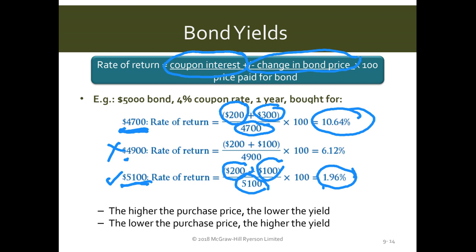What I'm trying to show you is only one thing. First, of course, you should know how to calculate bond yields or rate of return. But what I'm trying to show you is that there is an inverse or negative relationship between bond price and rate of return. You can see that if bond price increases from 4,700 to 5,100, the rate of return is decreasing.